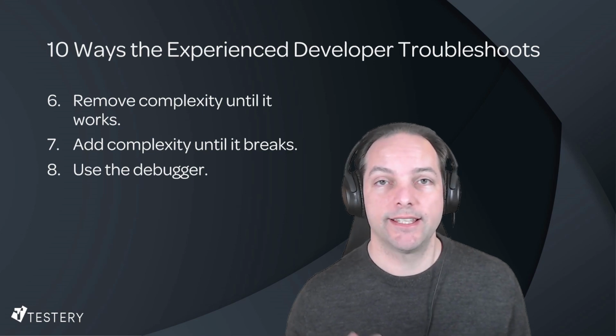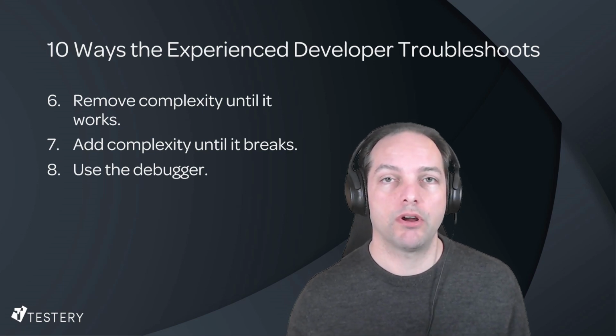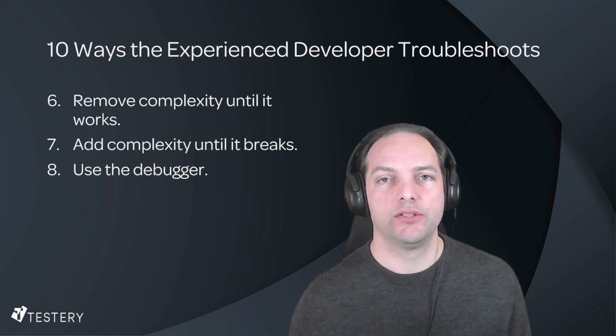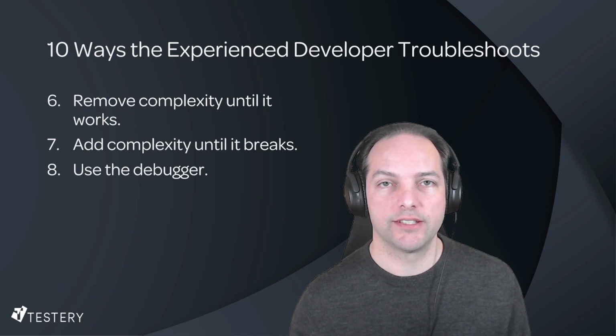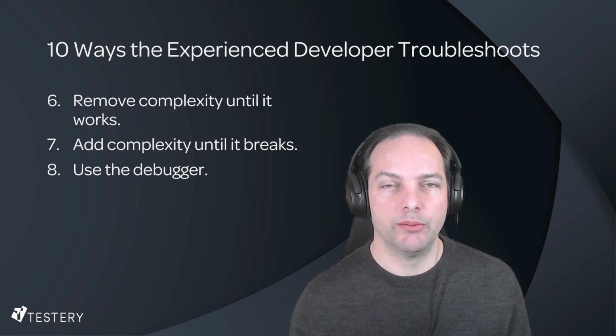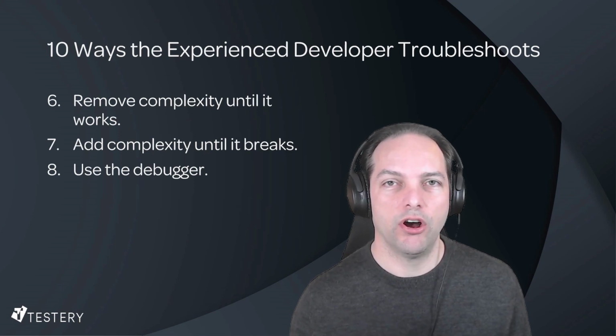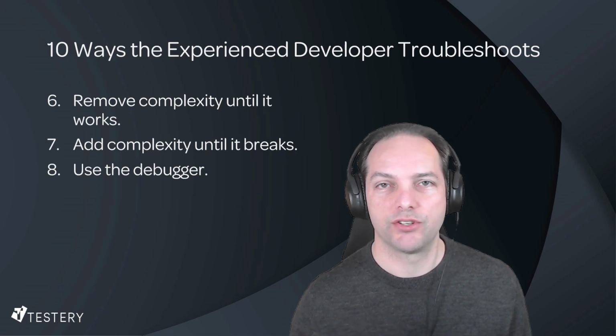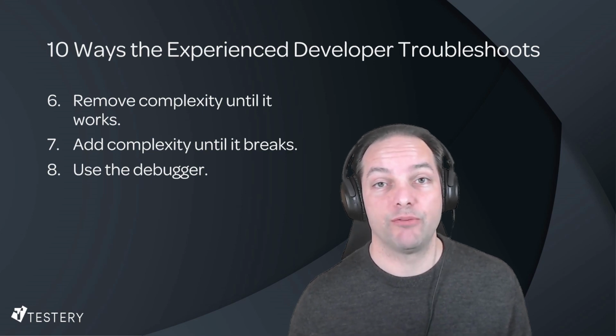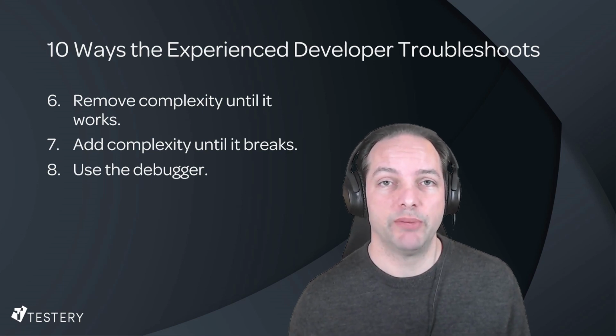But one technique that's definitely helpful is to walk through the code using a debugger and inspect the different variables along the way. You can look for things like whether a variable is null or unassigned, or whether it's an empty string when it shouldn't be. Things like that really pop out at you when you're using a debugger, the way that they wouldn't if you're not using a debugger.